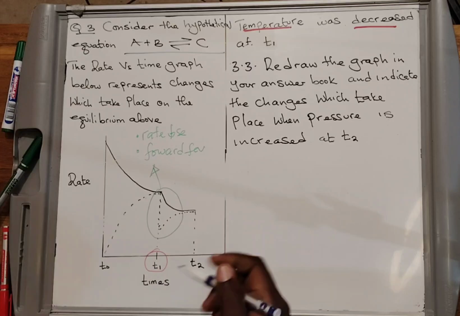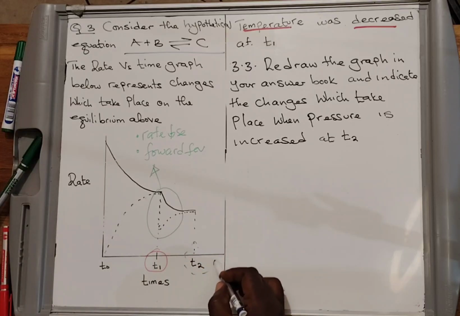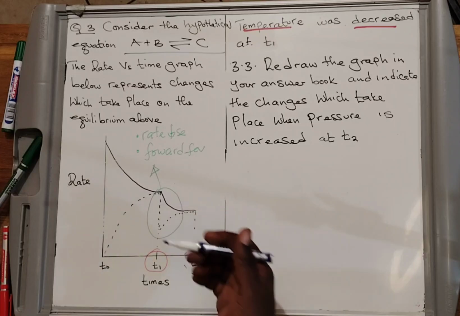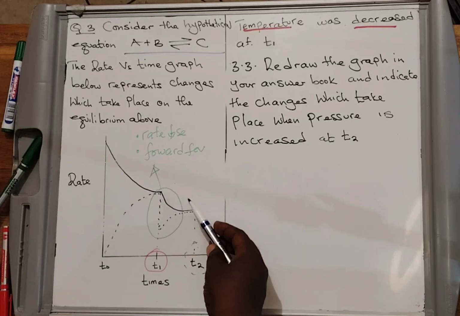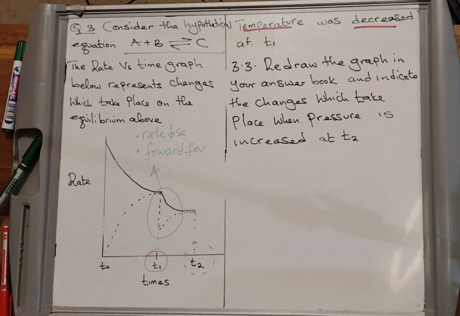Okay, this is the scenario. We are having our T2 here, and we are supposed to draw the changes which occur when pressure is increased.